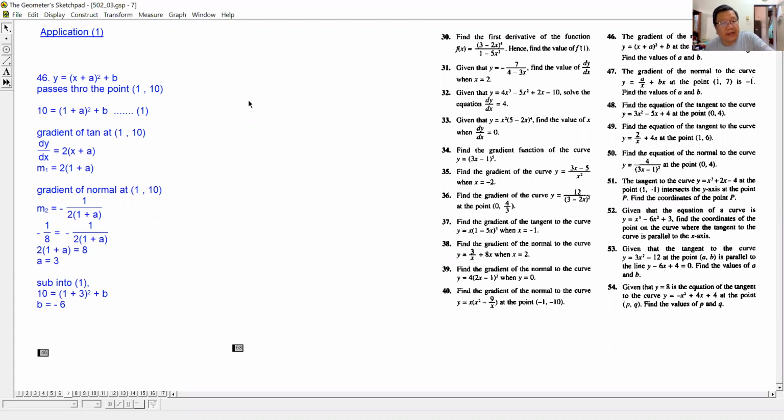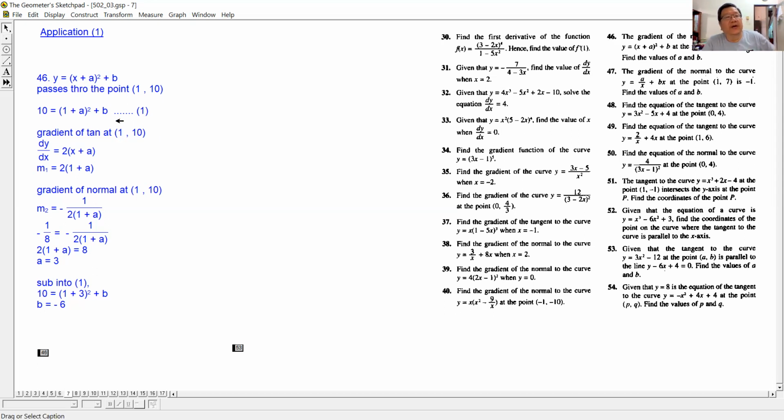In other words, I can take the coordinates of this point and substitute into the equation of the curve. It is perfectly all right. It is valid. Okay, you can do like that, right? So when you substitute in, then you get one equation. 10 equals (1 plus a) squared plus b, and you leave this equation aside.